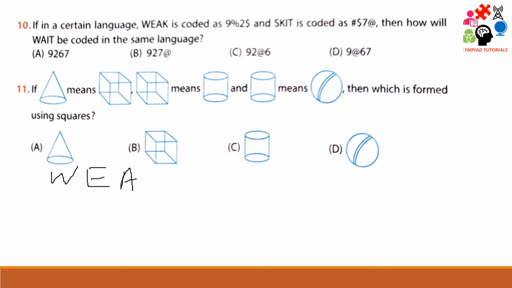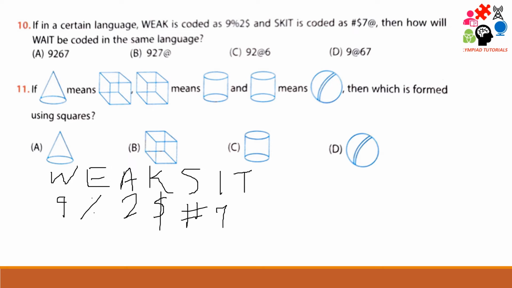WEAK, and the corresponding code is 9%2$. And next word is skit. So S, K is already given, I and T. So the corresponding codes for that, S is hashtag, I is 7 and T is @.